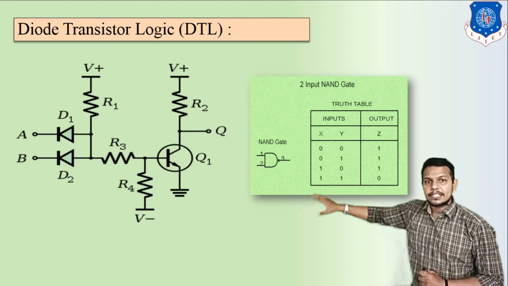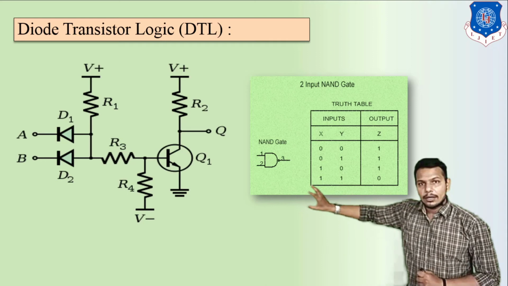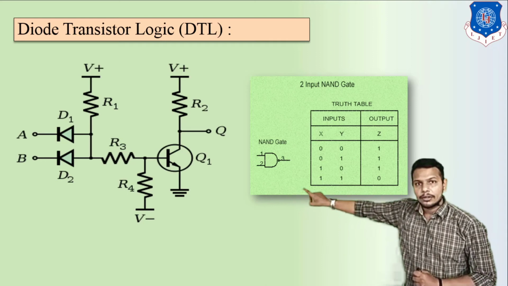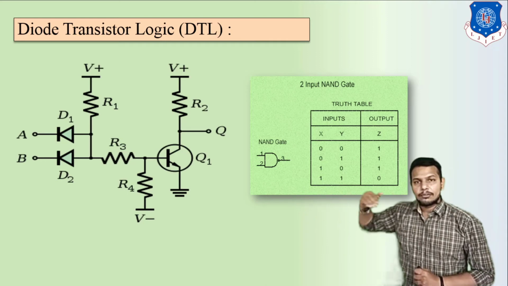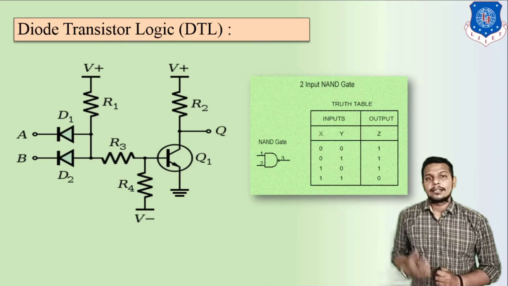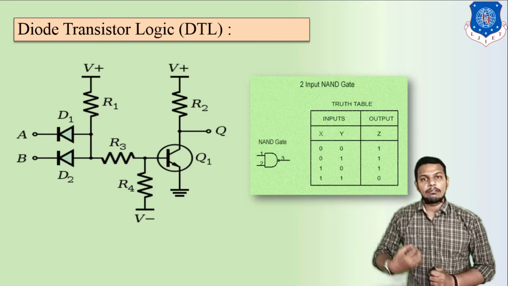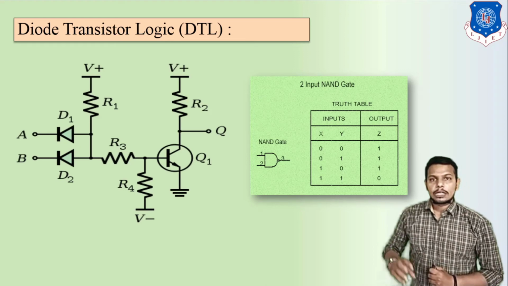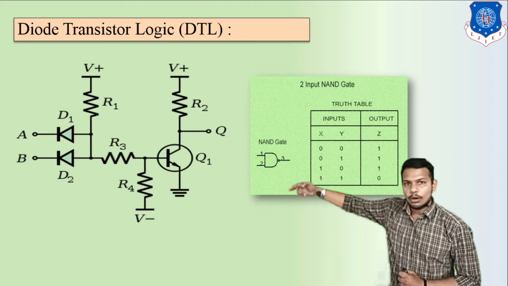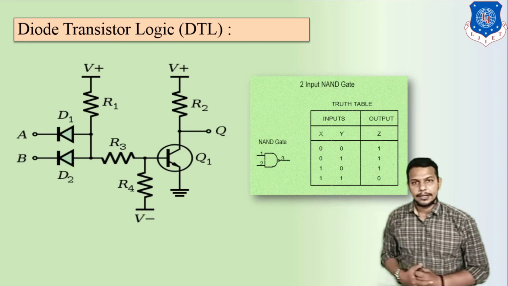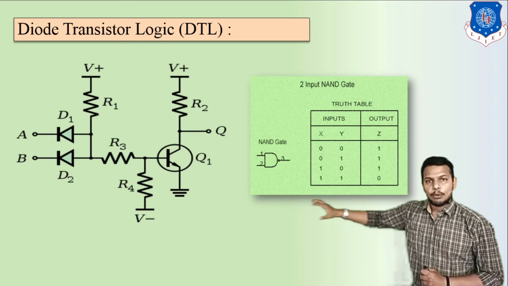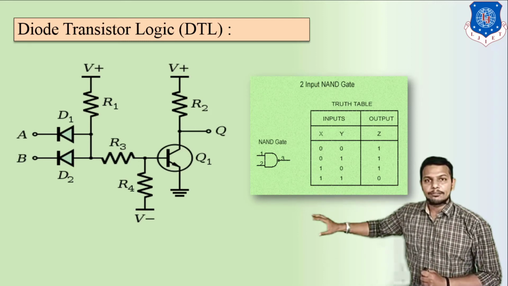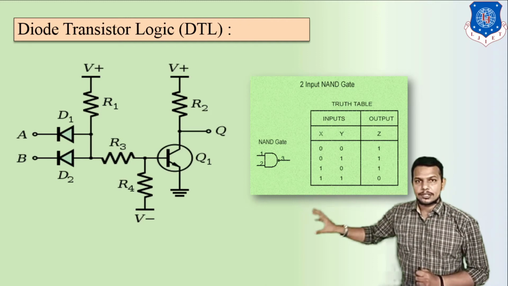So that means here we can see one node representing Vx. There will be a voltage equal to 0.7 volt, because your current directly flows from the A and B side. That 0.7 volt is not enough to turn on this transistor.